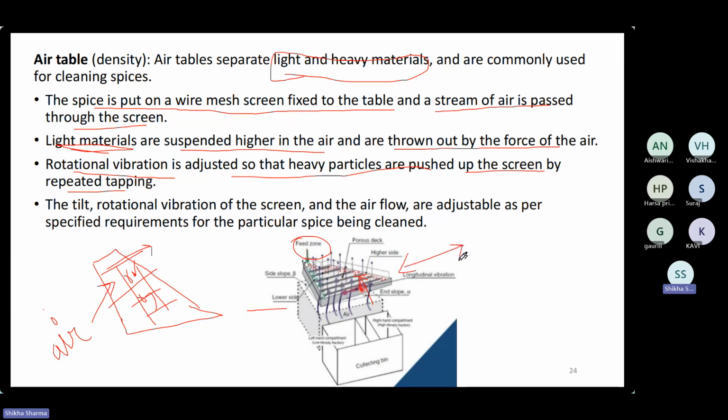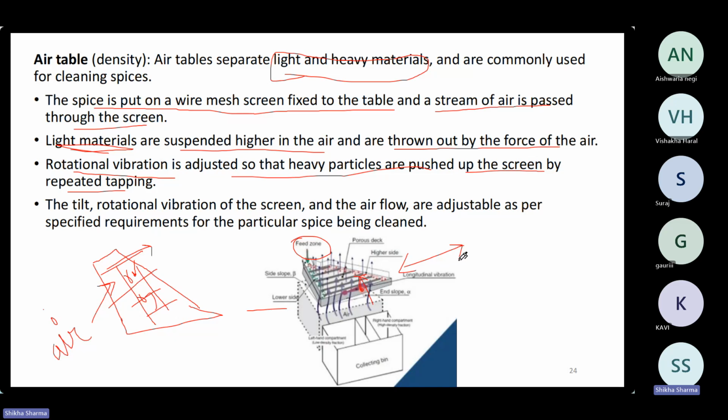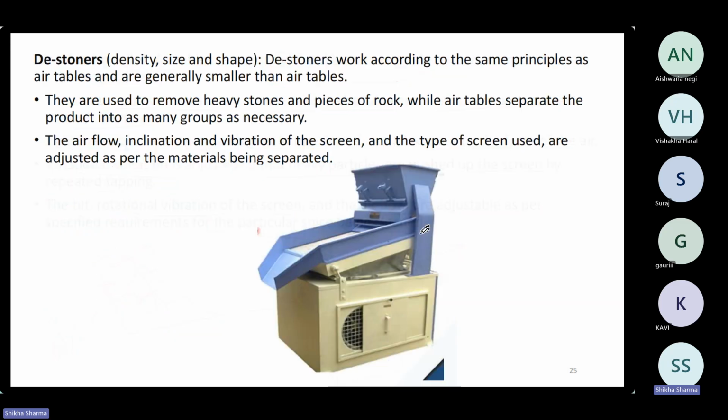Because of all these motions, the heavier and the lighter particles will be separated. So the tilt, the rotational vibration of the screen and the airflow will be adjusted if we want to clean certain spices. We need to fix the parameters based on the product.